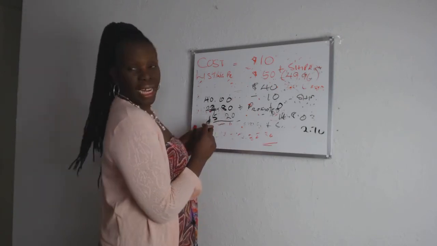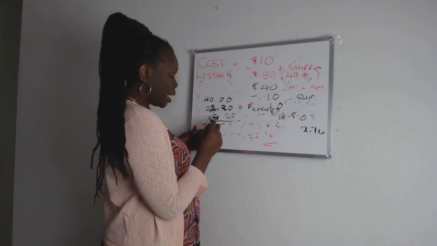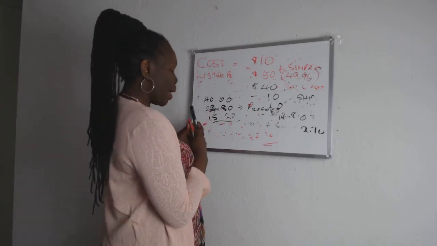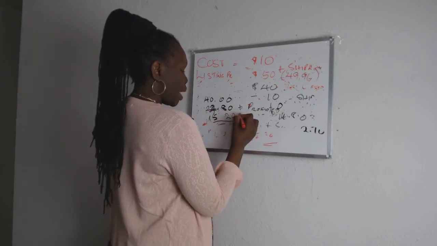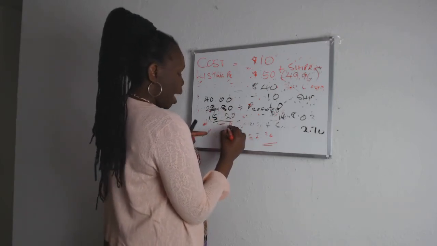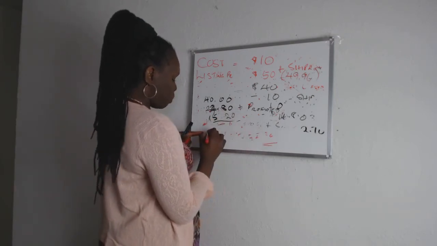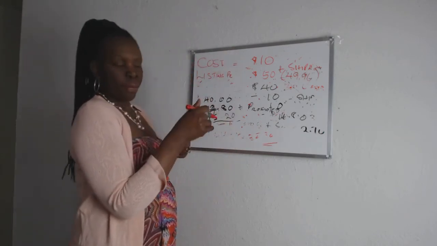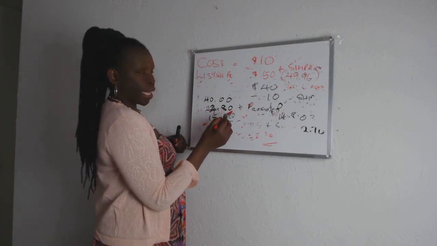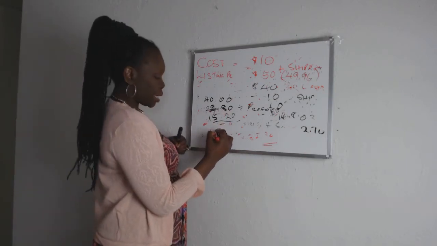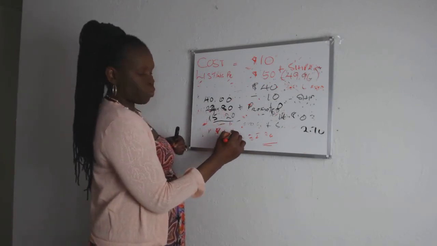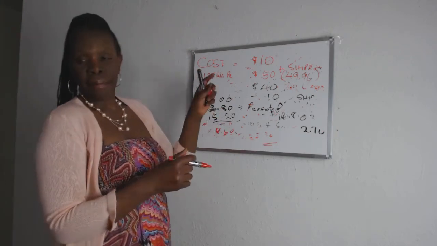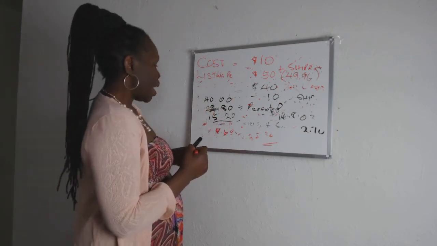$15.20. This gives you a rough idea. This still does not reflect my exact profit, because remember, at the end of the month, I also have to pay for my eBay store subscription. I also have to add up all my figures and subtract that $60, which is the amount for my eBay store, from what I made over the course of the month.